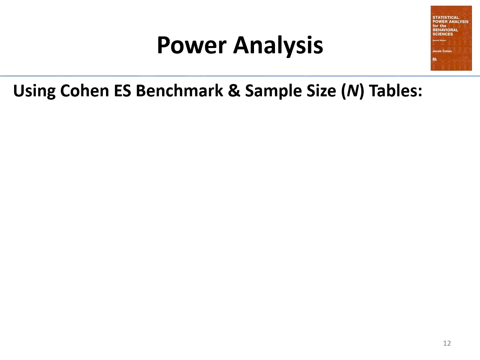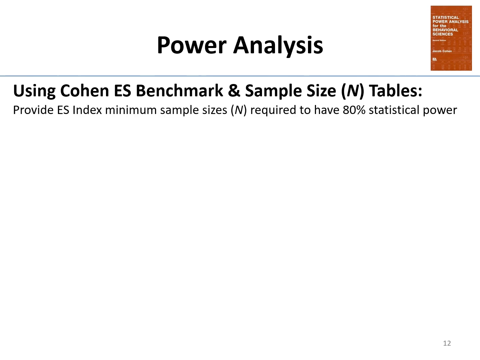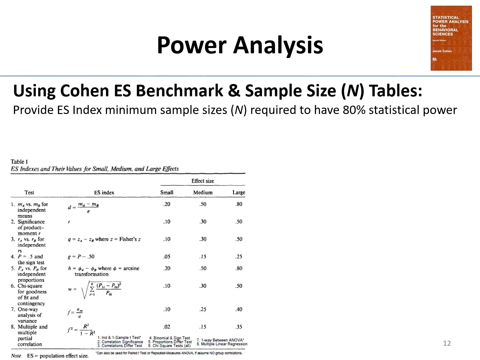Cohen's benchmarks and sample size tables are part of his article from 1992, and it provides the effect size index and the minimum sample sizes that are required to have 80% power for a given effect size value.